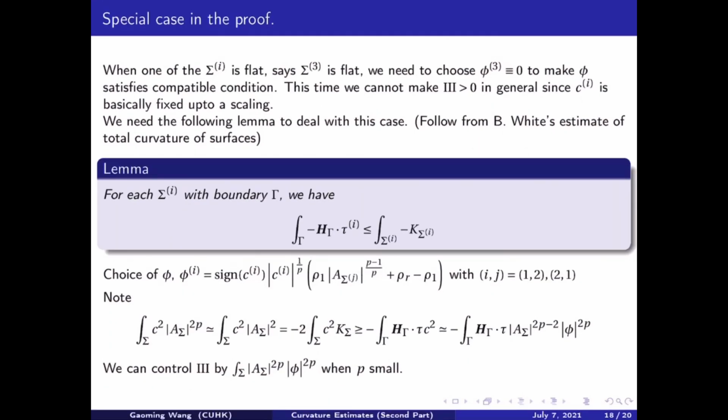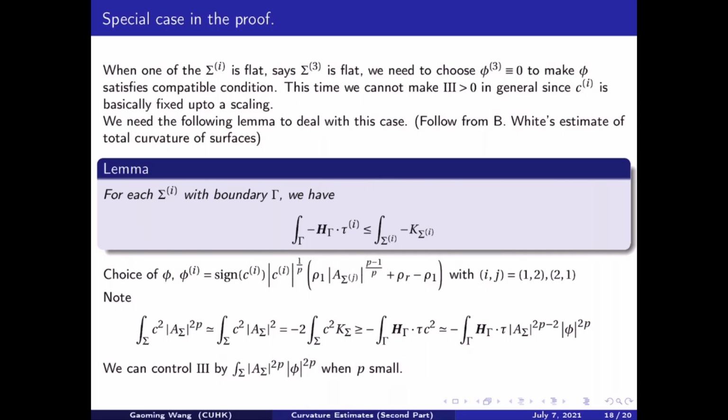The case we left is when some of sigma i is flat. Note, since we assume gamma is compact, at most one of sigma i can be flat. Suppose sigma 3 is flat. In this case, we need to choose phi 3 identically equal to 0. Here is a geometric way to think about it.